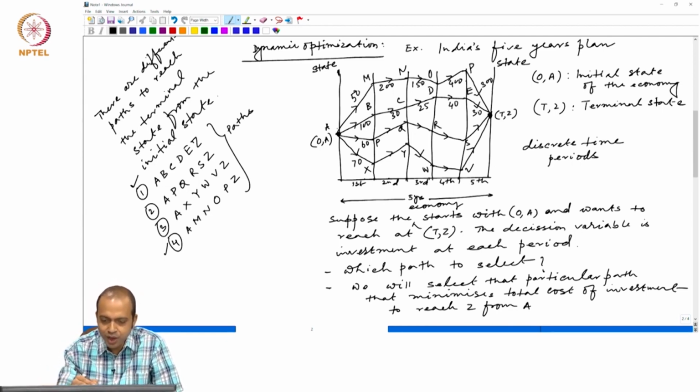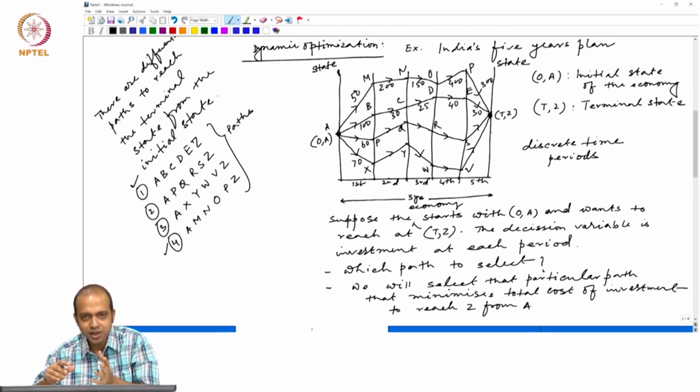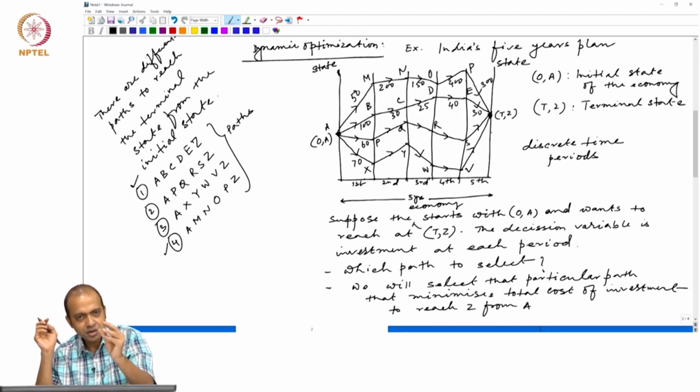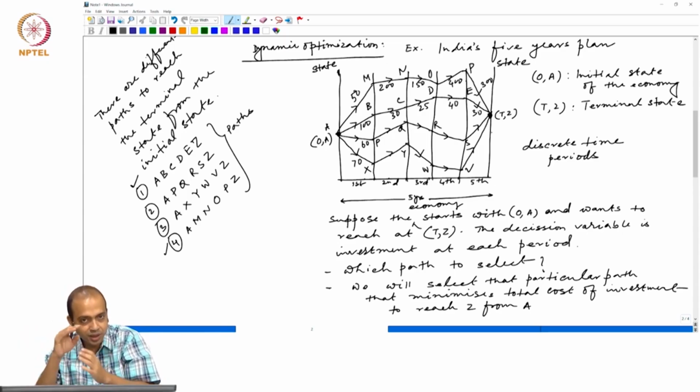We have several paths to achieve this terminal state. So, this Z is basically the sum total of this path, that means the integral value of this path. You have invested different amounts at different time periods, and at the end you are getting Z. So, you can think Z is basically the integral.